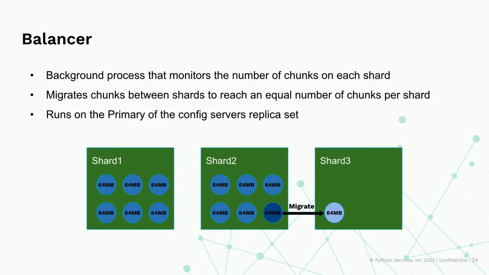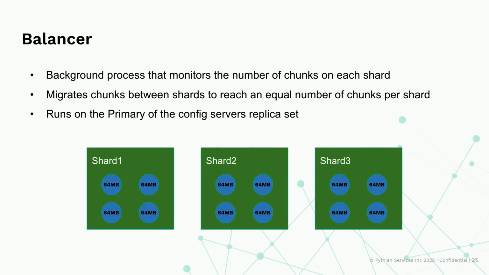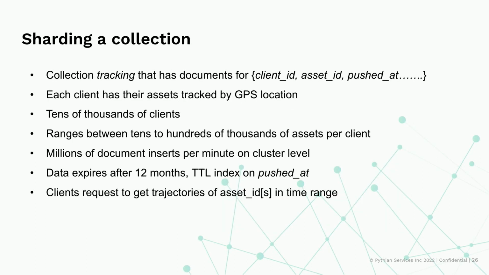I will need to move chunks from 1 and 2 to 3, and it starts the migration. At the end, what the balancer will see, 4 chunks per shard, everything is equally distributed. If the chunks are 64 megabytes each, you have equal data distribution as well. So this is ideal, but in reality, that might not be the case.